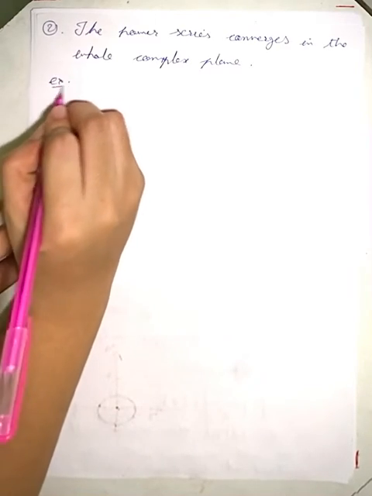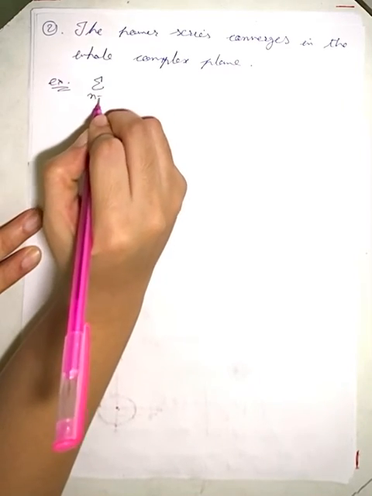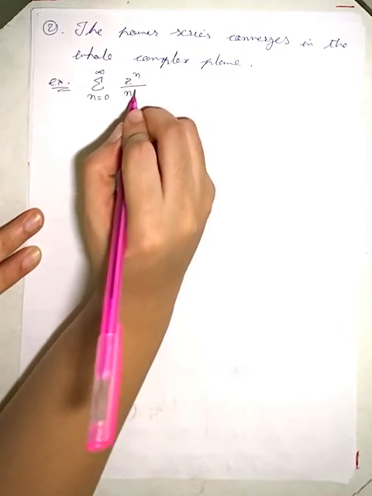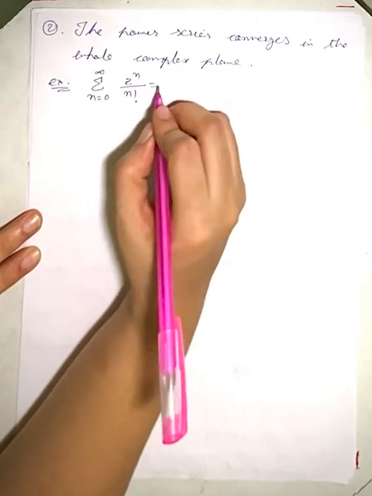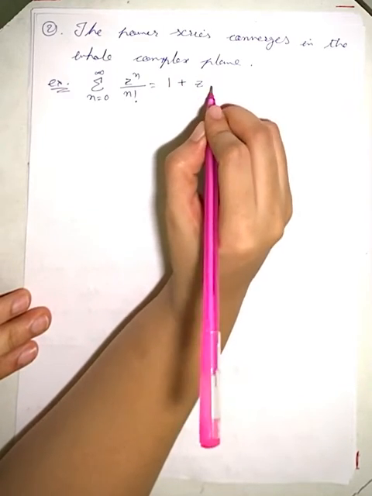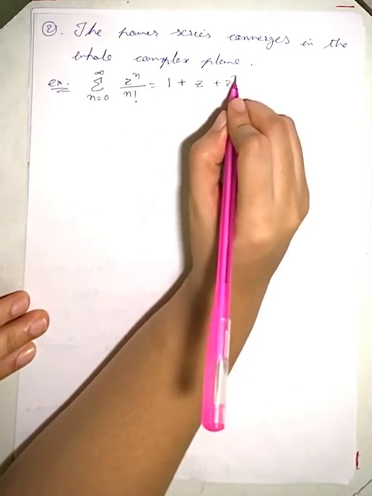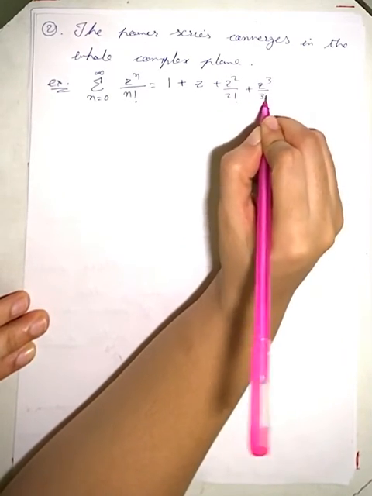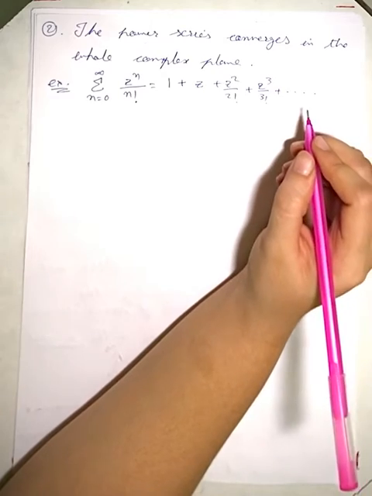For example, let's say you are given a function like z to the n upon n factorial. Then if you expand, you will get 1 plus z square by 2 factorial plus z cube by 3 factorial and so on.